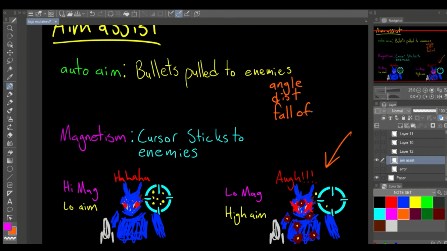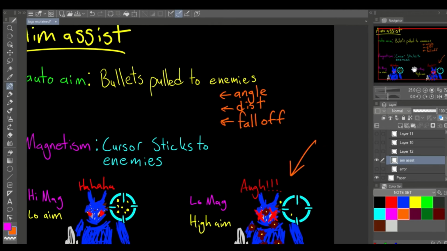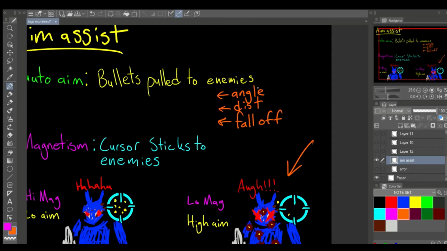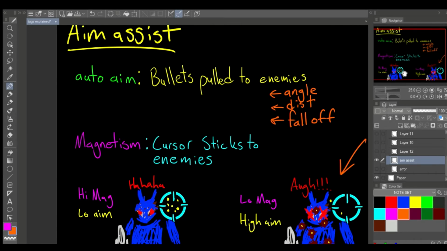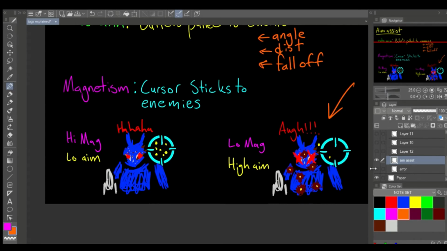And pretty much what these say is how far does this work? How far out does it work up until? When does it start not working as well? And what's the angle from the target that you're going to actually start experiencing these auto aim or magnetism effects?